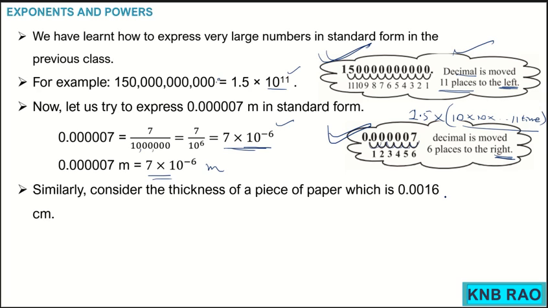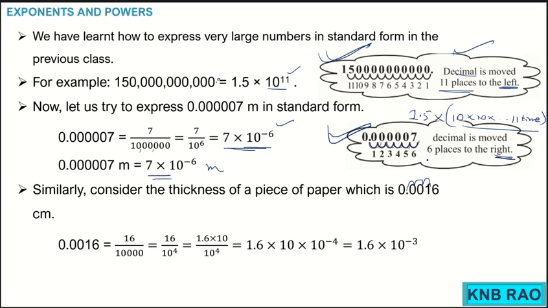Now if I want to express this in standard form, I have to shift the point once, twice, thrice. So it becomes 1.6 into 10 to the power minus 3, because I shifted thrice. From the point we shift to the right side once, twice, thrice. So then it becomes 1.6 into 10 to the power minus 3.